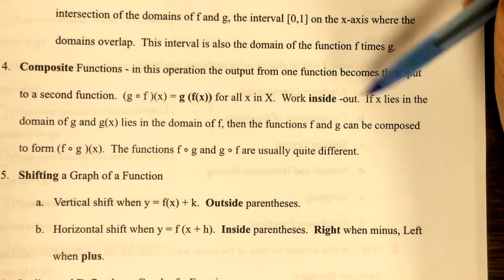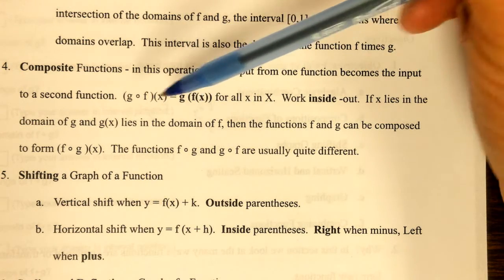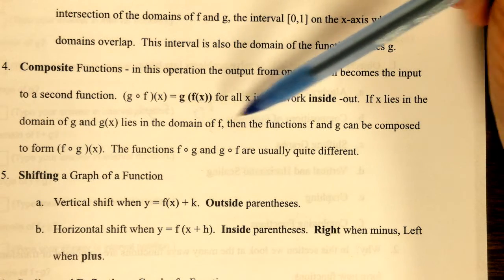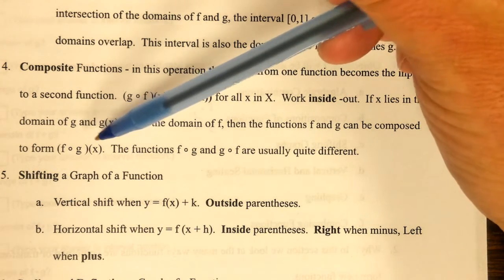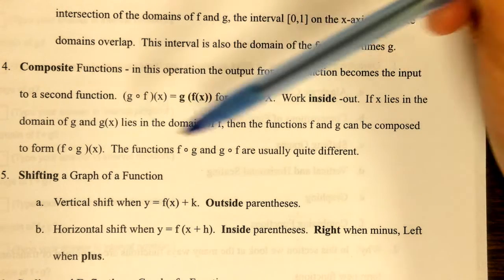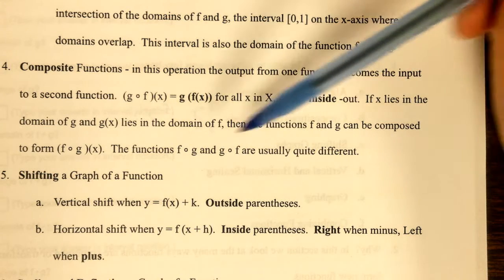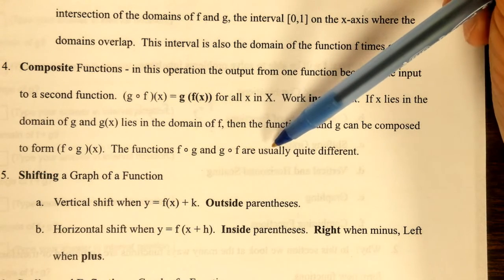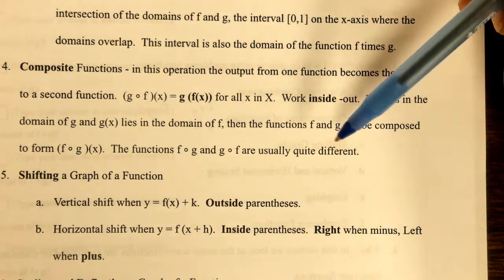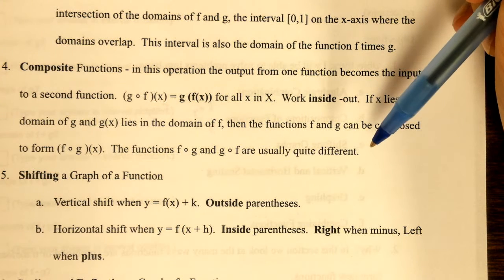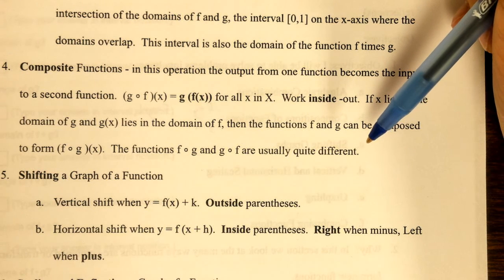If x lies in the domain of g and g of x is in the domain of f, then they can be composed to form that, and the functions for f circle g and g circle f are usually quite different. The exception would be if they're inverses.